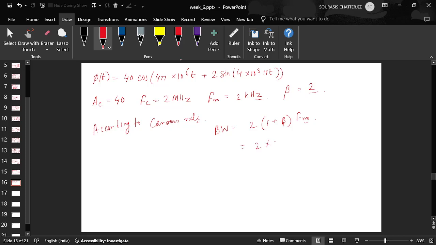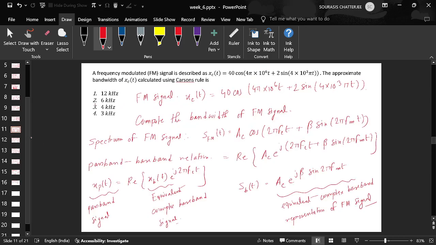So it's 2 into (1 plus 2) times 2 kilohertz. So that is 12 kilohertz. So 12 kilohertz is the answer.